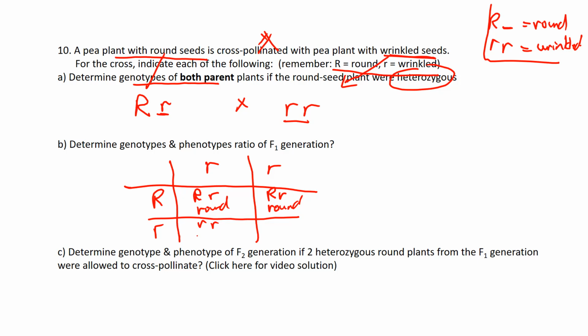Little r, wrinkled, and little r, wrinkled. So we can see that 2 out of the boxes are going to be round, 2 out of the boxes are going to be wrinkled, but we know we must reduce ratios, so that's going to reduce to 1 and 1. 2 goes into 2, 1, 2 goes into 2, 1, 1 being round, the other one being wrinkled.